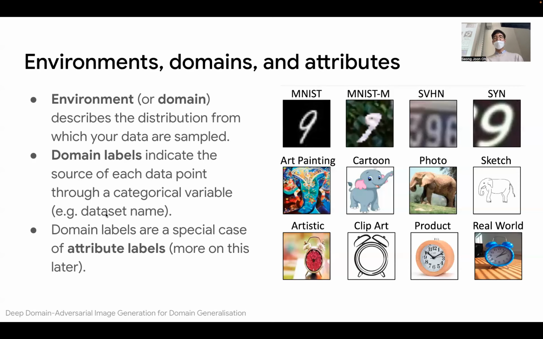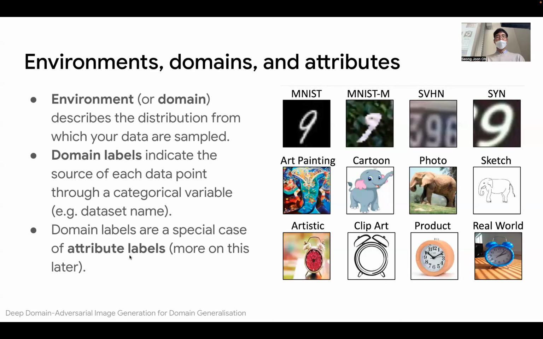It's also kind of a data set name, right? So in this case, MNIST is domain label for this image. Sketch could also be a domain label for this image, which is in contrast to, for example, the class label, which is elephant here, right? Or clock here. So there are like two orthogonal axes here.